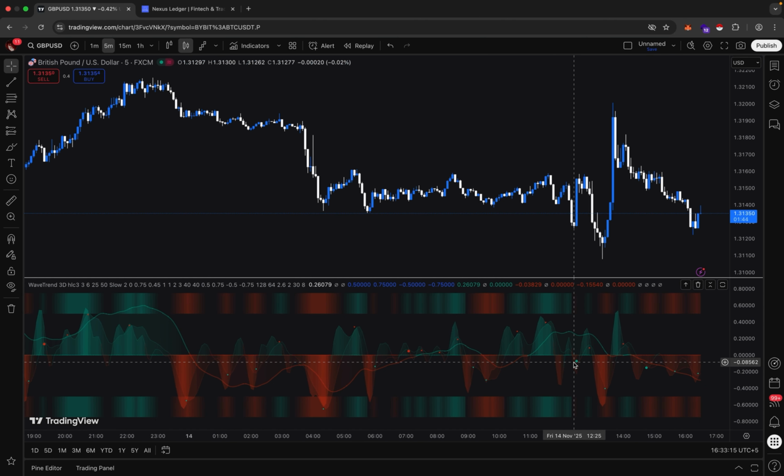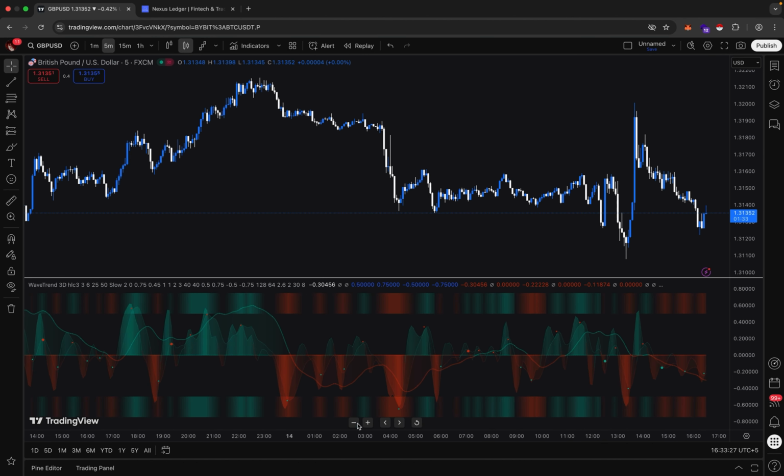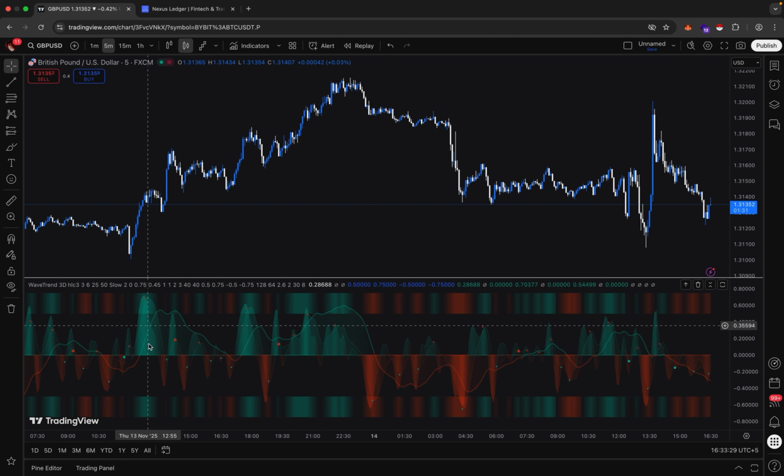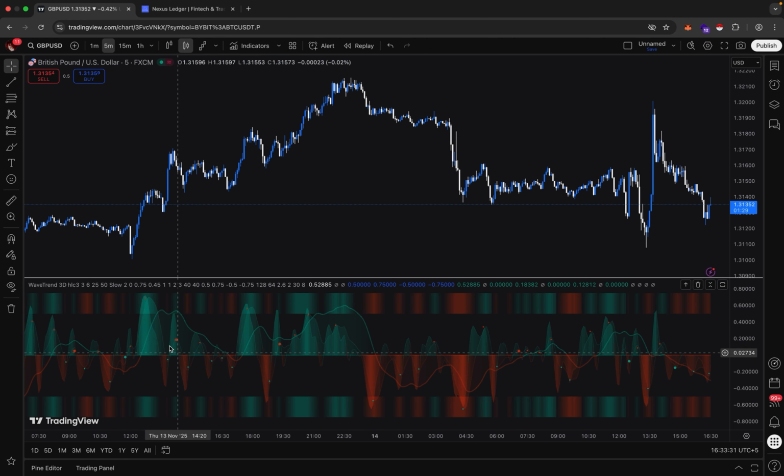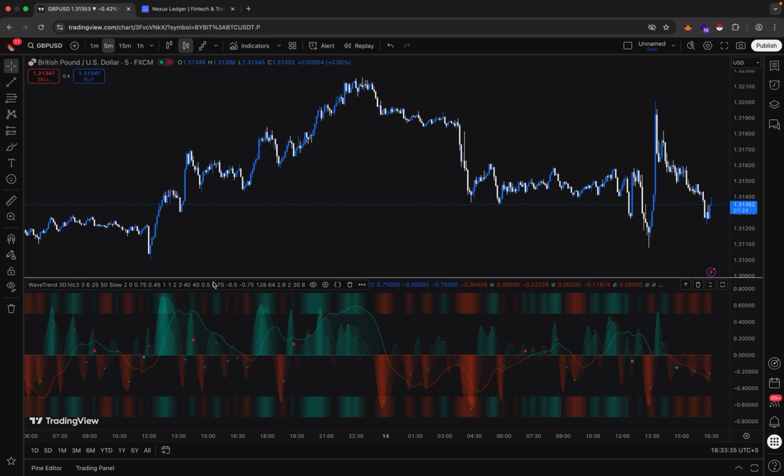Then you can see it gives a signal after closing. You have the signal here, the price came a little bit down, and then it went really up, right? So you have to use it with waves. You can't just buy randomly on the green and red dots.